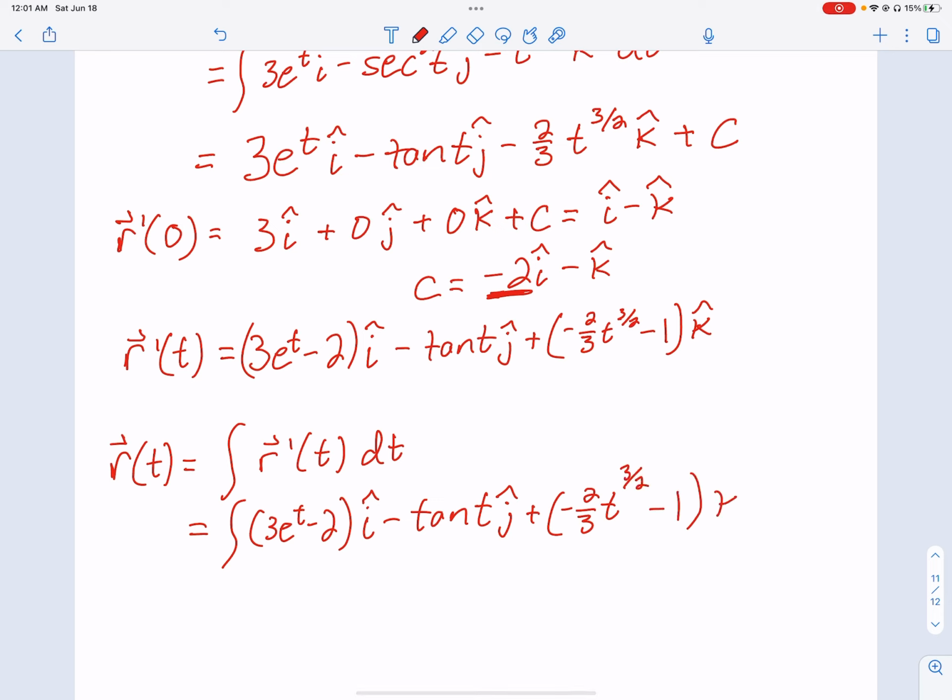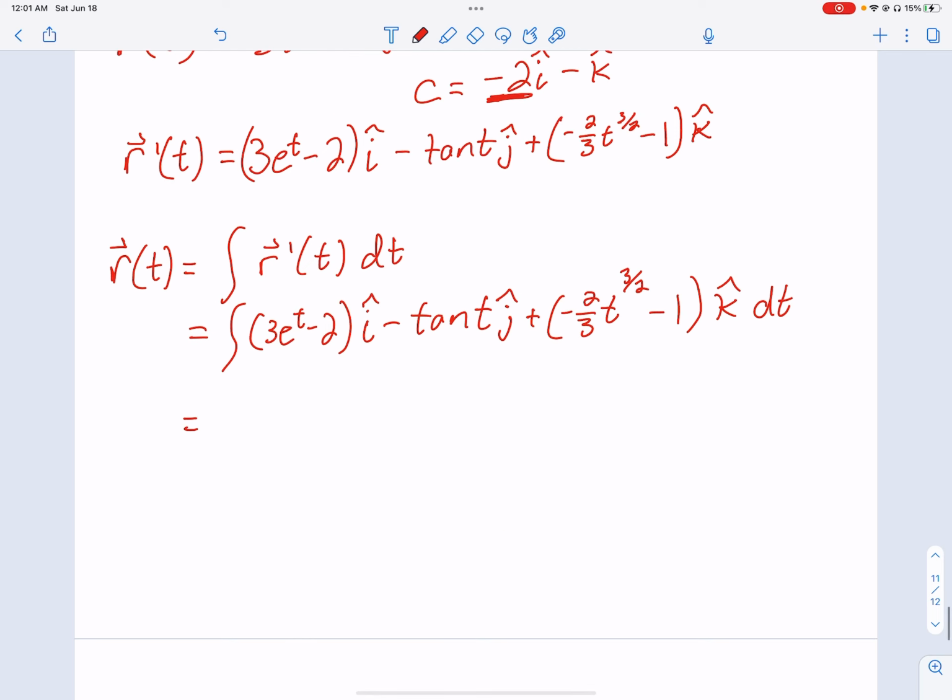Minus 1, k, dt. And then we just take the integral of this stuff. Okay, so the 3e to the t just becomes 3e to the t minus 2t i. The tangent, I'm not going to go too in depth with that tangent, but the tangent just becomes a minus ln of a cosine of t.